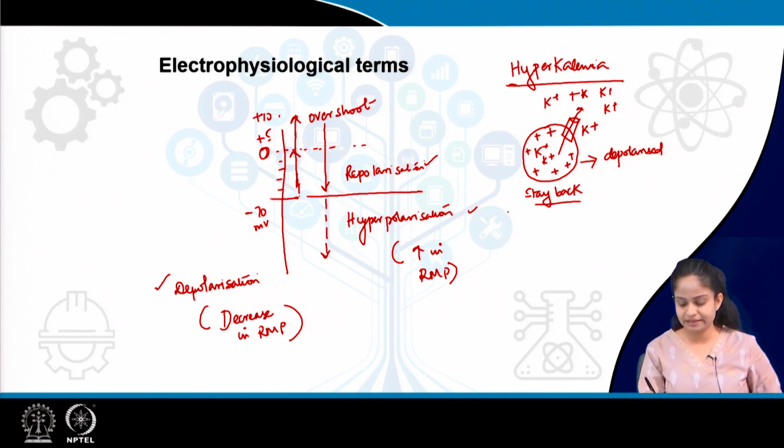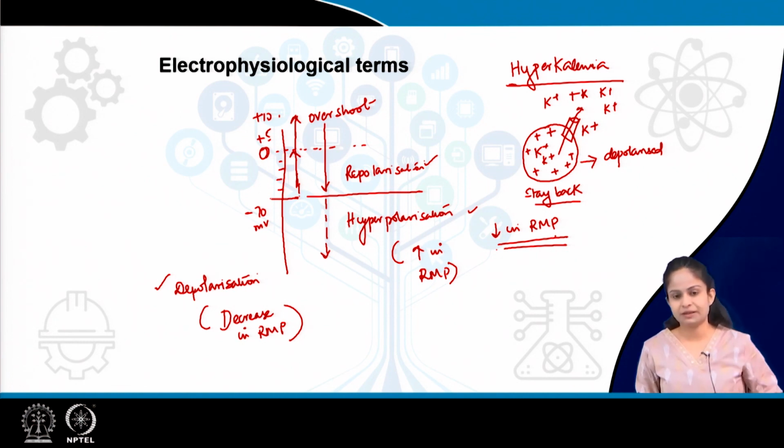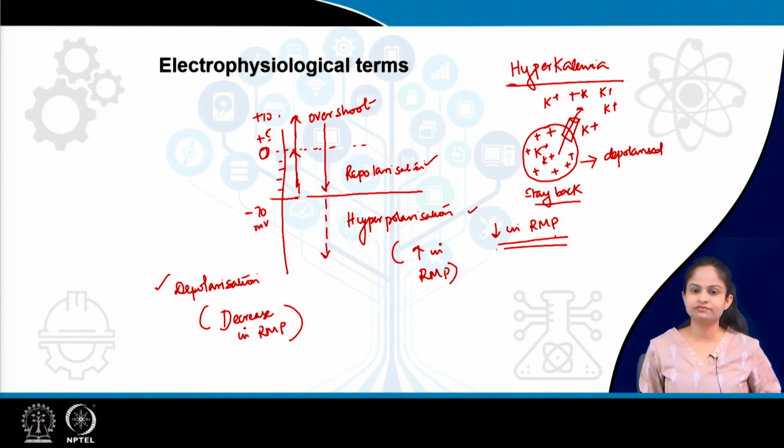So, in hyperkalemia there is a decrease in the resting membrane potential because of the accumulation of potassium ions. Exactly the opposite pathway occurs in hypokalemia, when there is less concentration of potassium in the extracellular fluid, and that will give rise to an increase in the resting membrane potential.